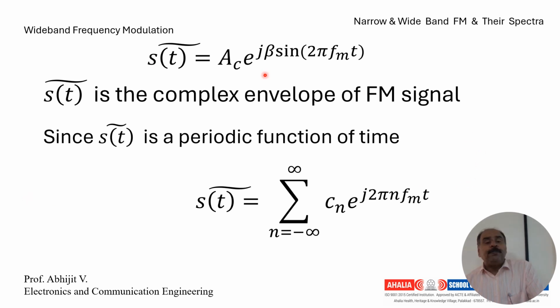Since it is a periodic function, it can be written as a function of time. S tilde of t is equal to the sum from n equals minus infinity to infinity of Cn e raised to j 2 pi n fm t.